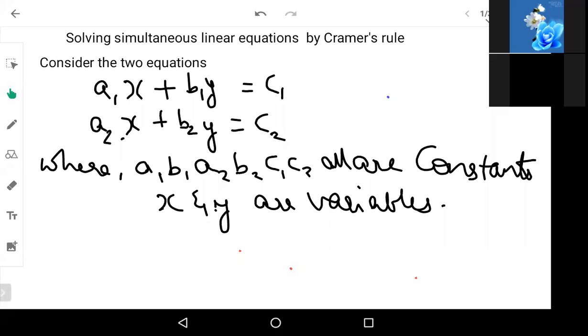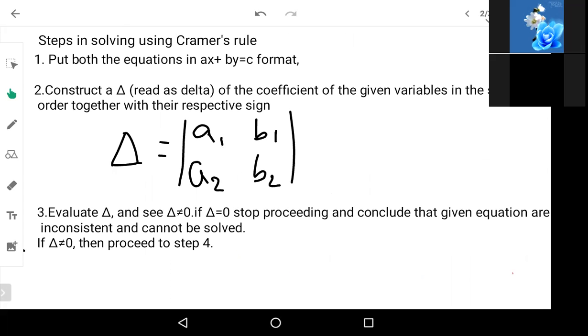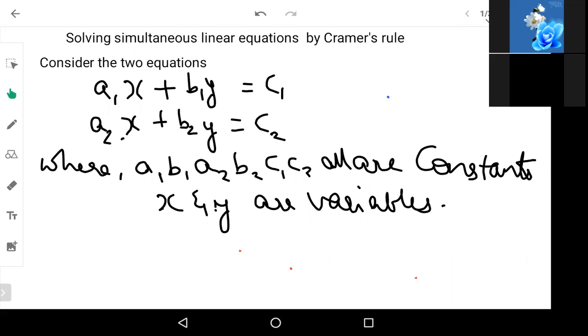Now we understood that for Cramer's rule, you require two equations and these two equations will be solved simultaneously. And we understood the first three steps we had finished, where we take these values, that is A1, A2, B1, B2, into a 2 into 2 matrix, and C1, C2 are the constants which will be present.